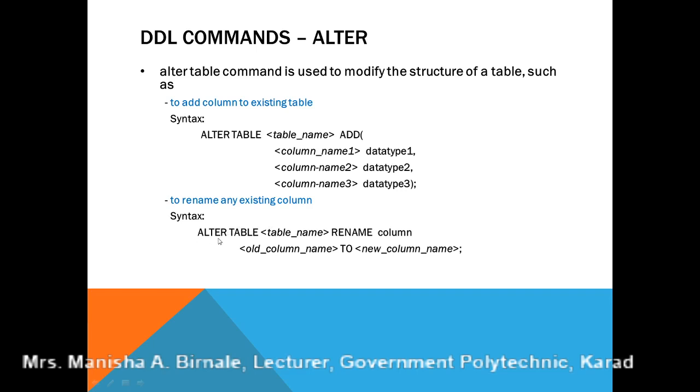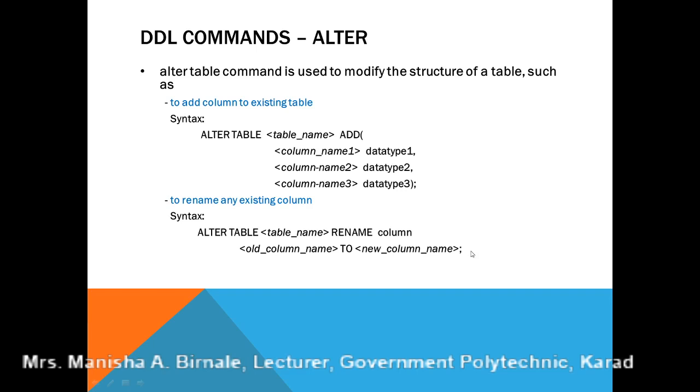The command for that is alter table, after that the table name. Then use the keyword rename column. Then the old column name, then use the keyword to, and then the new column name. And of course it is terminated by a semicolon.